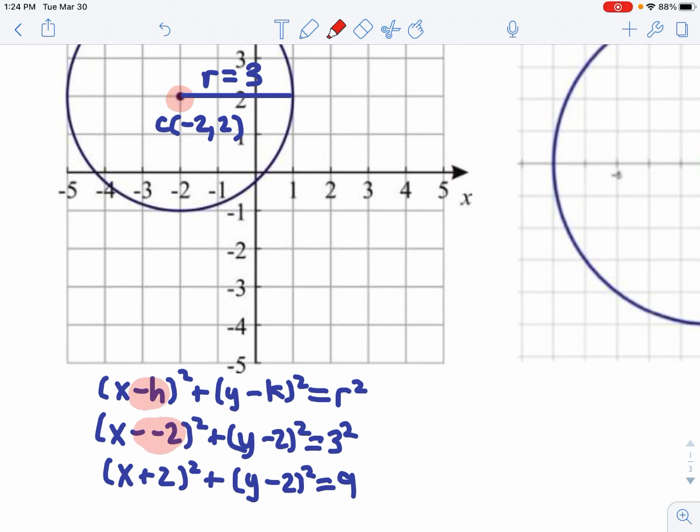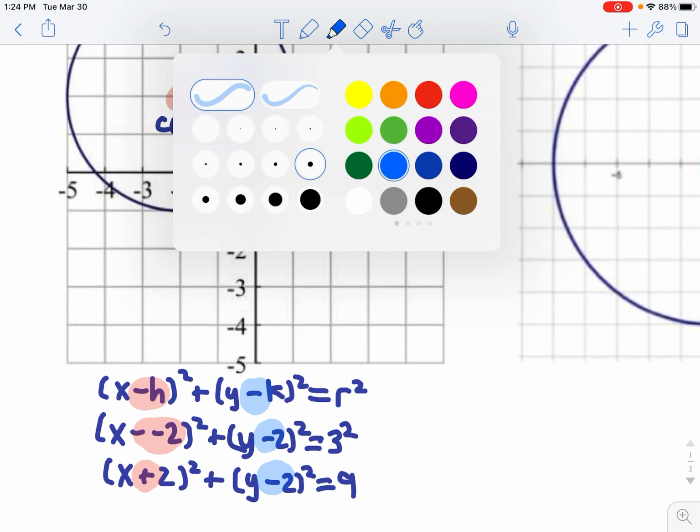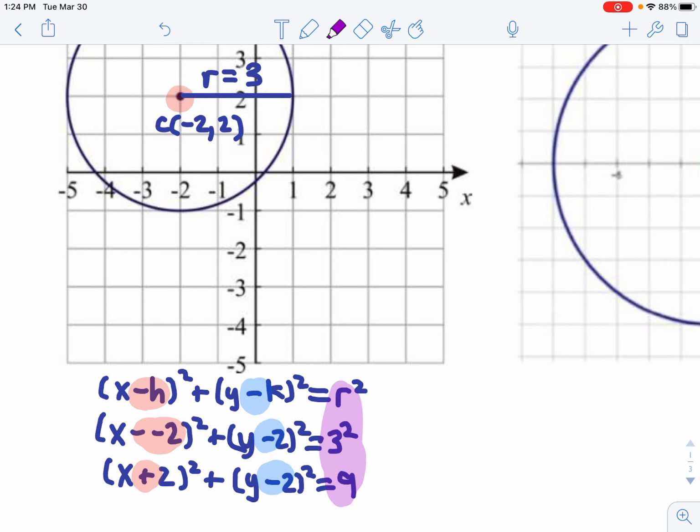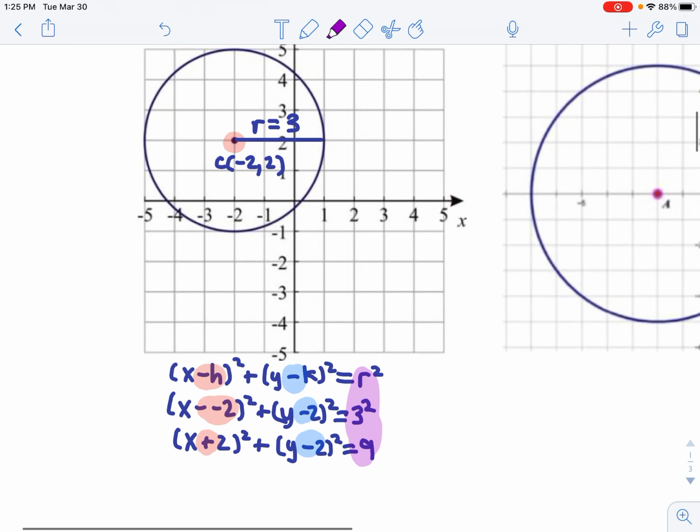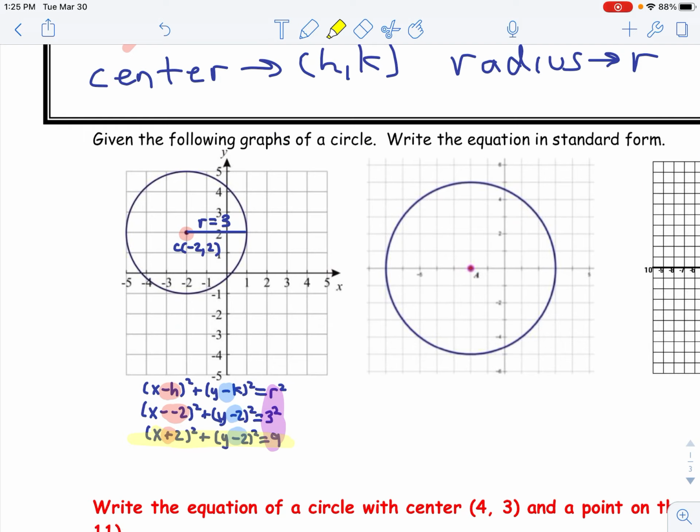Minus h, it was minus -2, became plus 2. Silly things like that go a long way. It was positive 2, so when you plug it in, it's going to be a minus 2. You're changing the signs, and then r was 3, and you square it and get 9. But nonetheless, that's the equation of the circle that we were given.